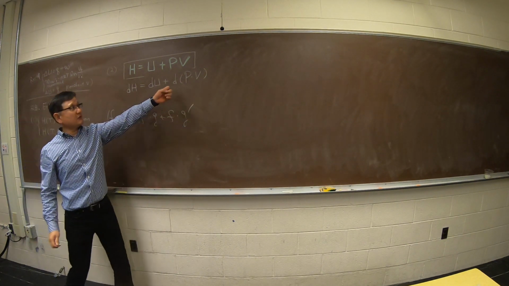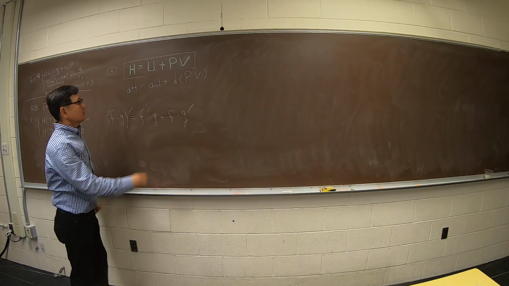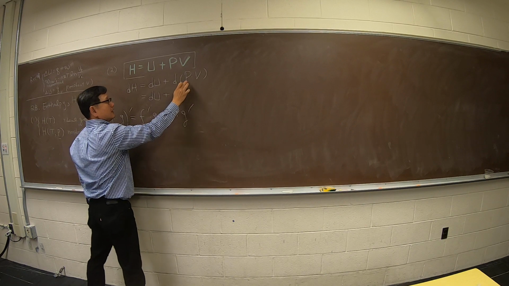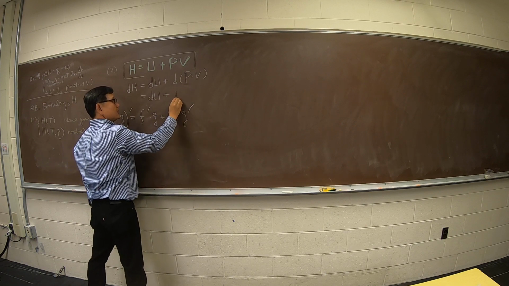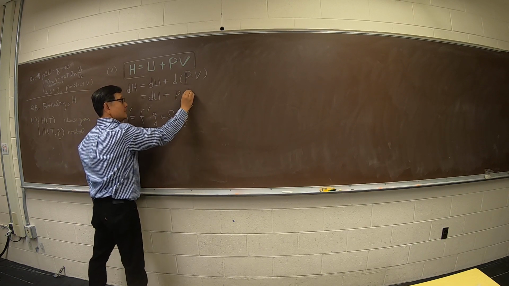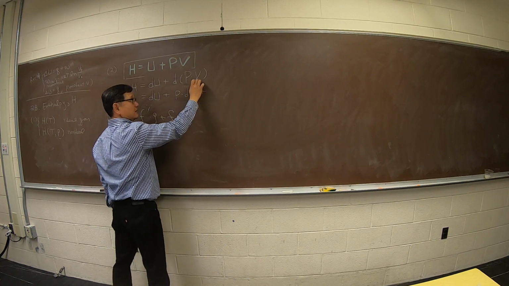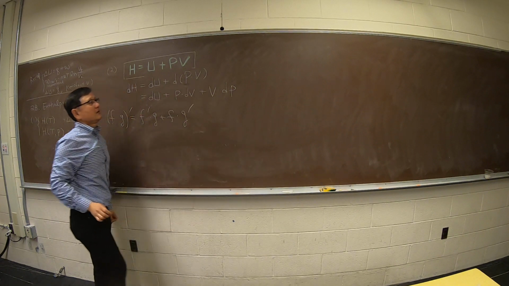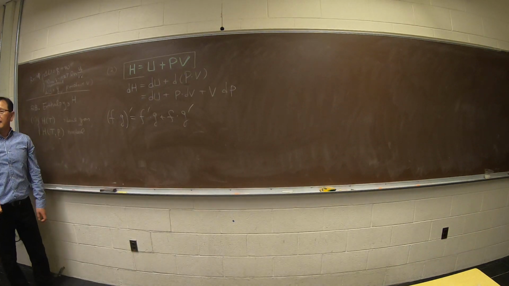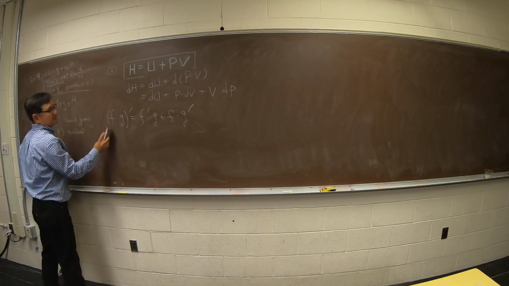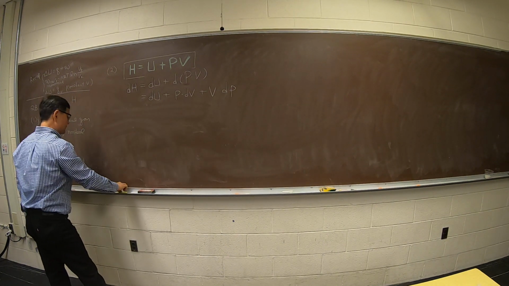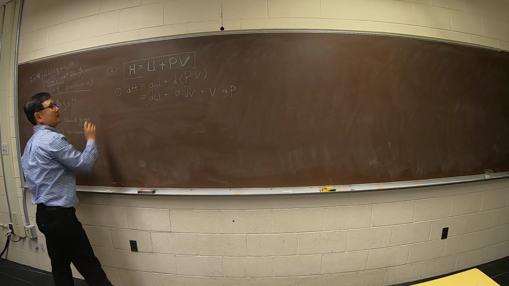That's the same thing you have to do here. So I'm going to copy down the dU, but here I'm going to put P times dV, keeping V constant. That is our first equation that I know.